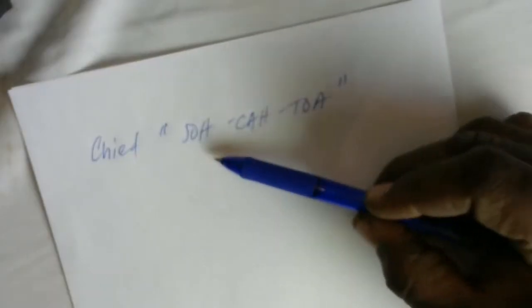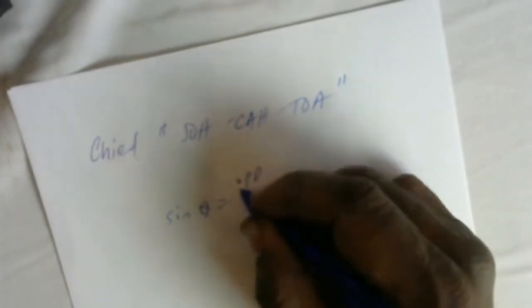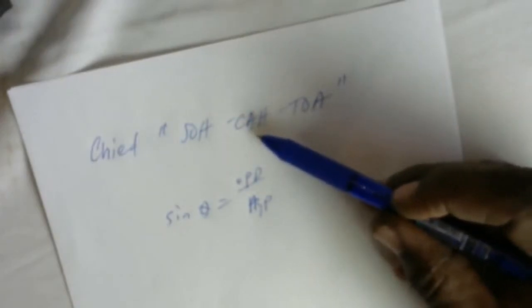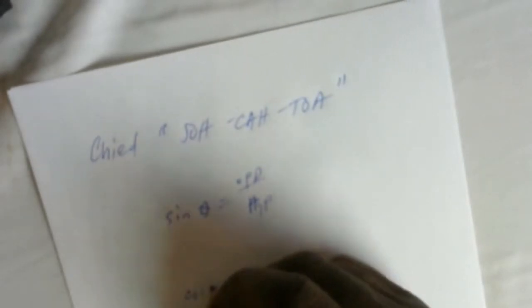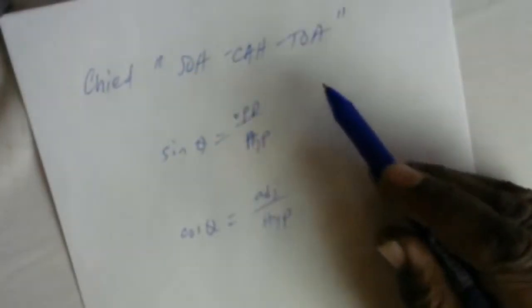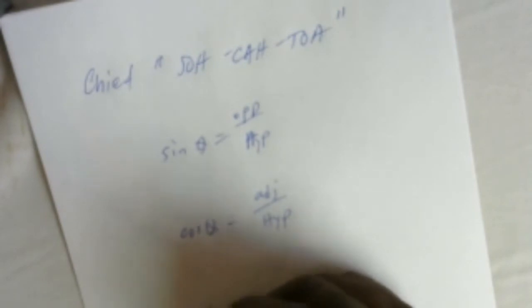So the Chief Sakatoa alludes to the sine is the opposite over the hypotenuse. The cop alludes to the cosine is the adjacent over the hypotenuse. And for TOA, it alludes to the tangent as the opposite over the adjacent. And of course, we have our reciprocals, but the Chief Sakatoa gives you the main 3.